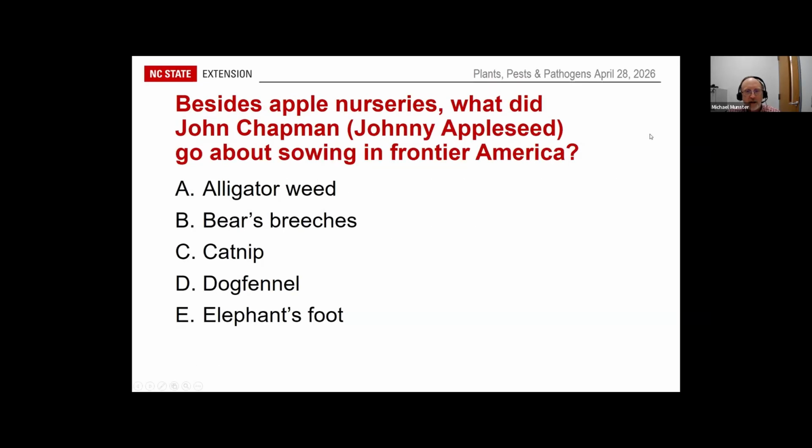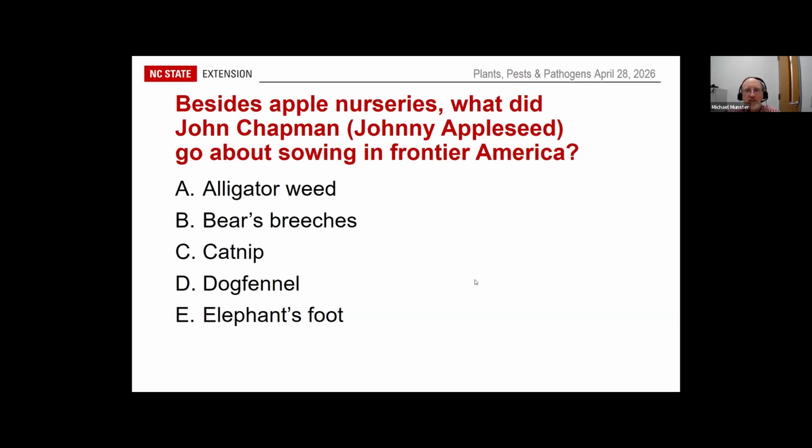All right. I wanted to start out with kind of a historical question, though, and let me launch a poll here. So there was a gentleman back in the 19th century by the name of John Chapman, who we know as Johnny Appleseed.